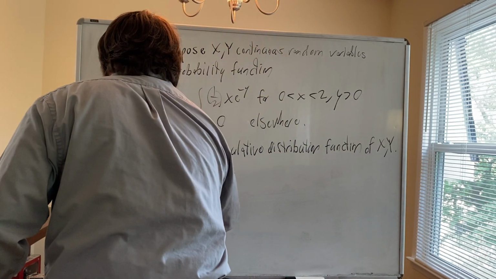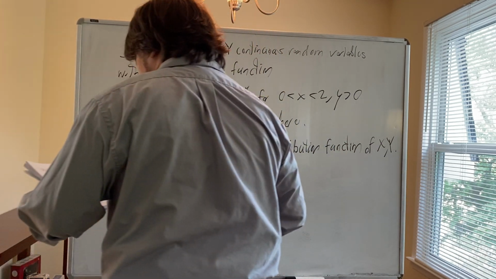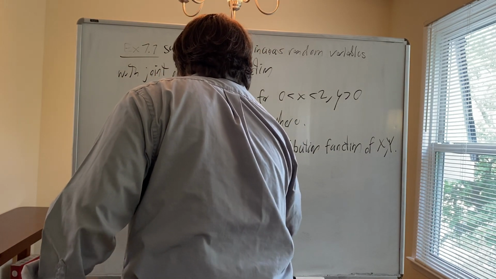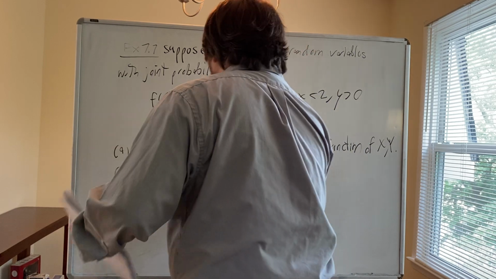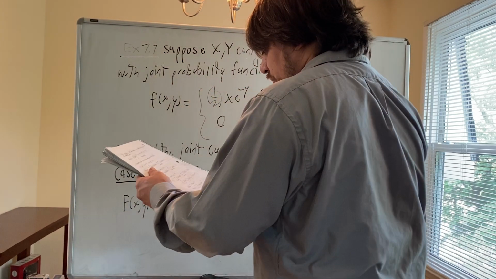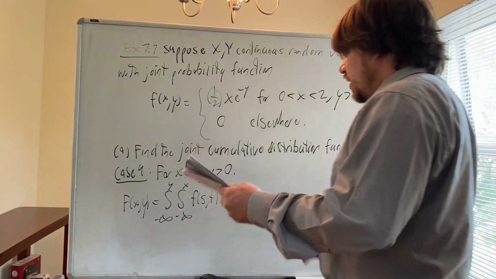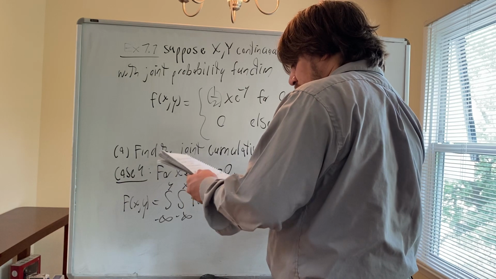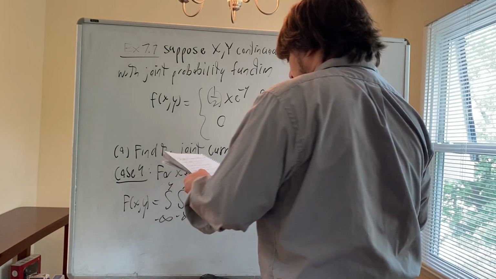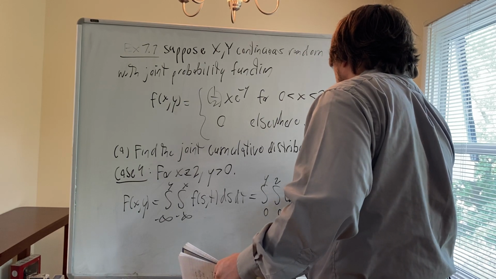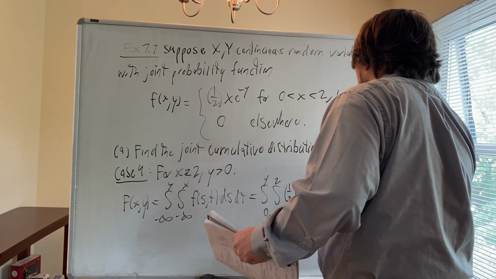Then capital F of x comma y is equal to the integral from negative infinity to y, integral from negative infinity to x, of f of s comma t ds dt. And this is equal to the integral from 0 to y, integral from 0 to 2 of 1/2 s e to the negative t ds dt.